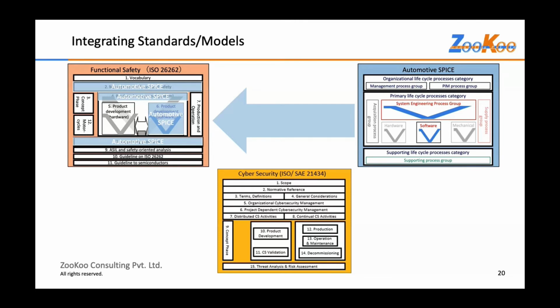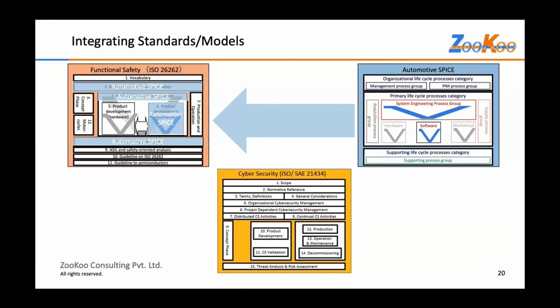We can very well synchronize them. In fact, functional safety is giving some more good information on which people were unsure in Automotive SPICE, whether to go with this or not. It is helping Automotive SPICE in that way.